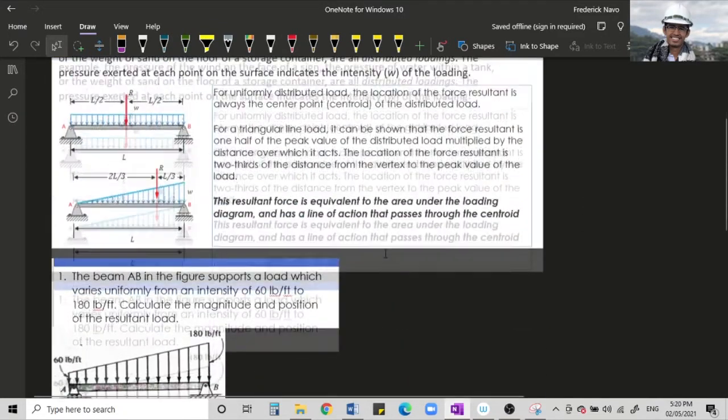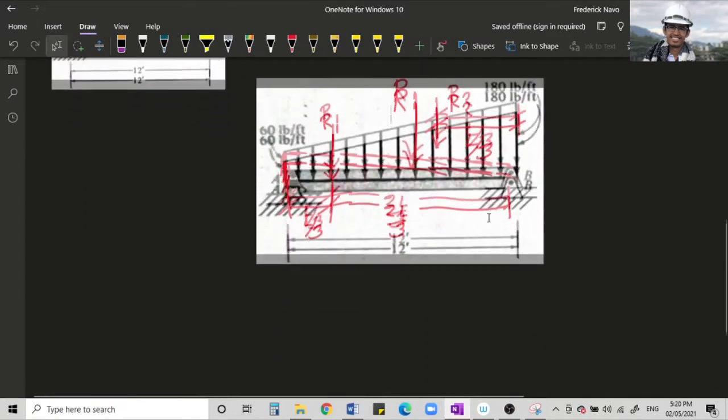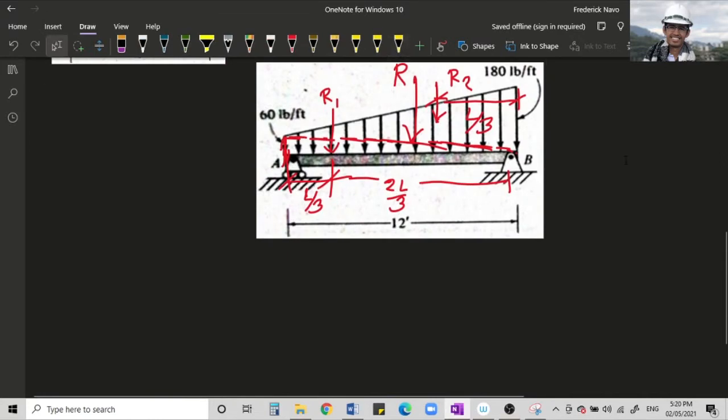So, we said that the resultant force is equivalent to the area under the loading diagram. Okay? So, for R1, the area of our R1 or our resultant for R1 is equal to the area of our loading. Okay? So, it is a triangle. So, that will be 1/2 times the base, that is 12 feet, times its intensity, that is 60 pounds per feet.